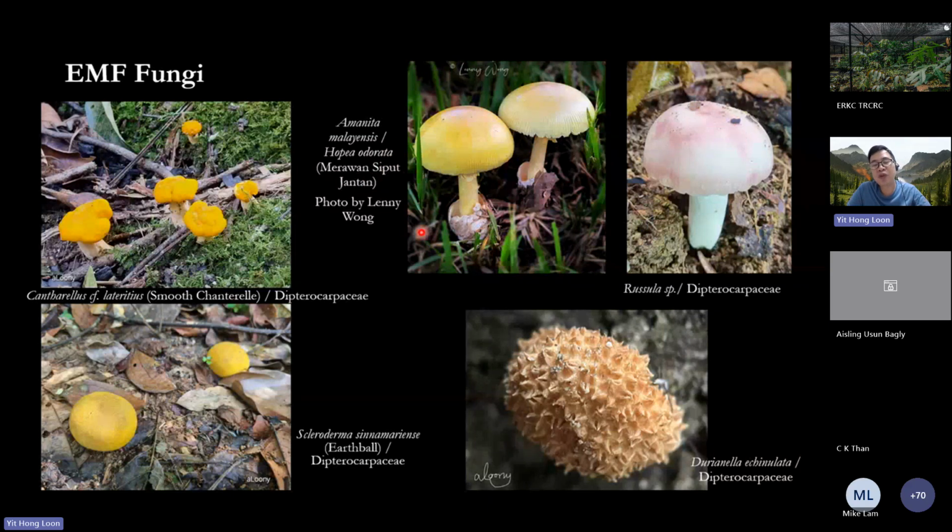Okay, this photo is provided by my good friend Lenny. He found this Amanita on the roadside, together with the tree. So this is how we do identification in the field. Besides knowing the mushroom features, we also need to know the tree host. Okay.